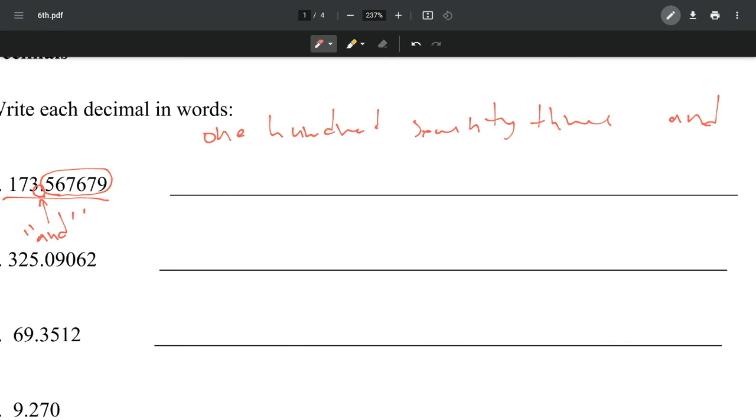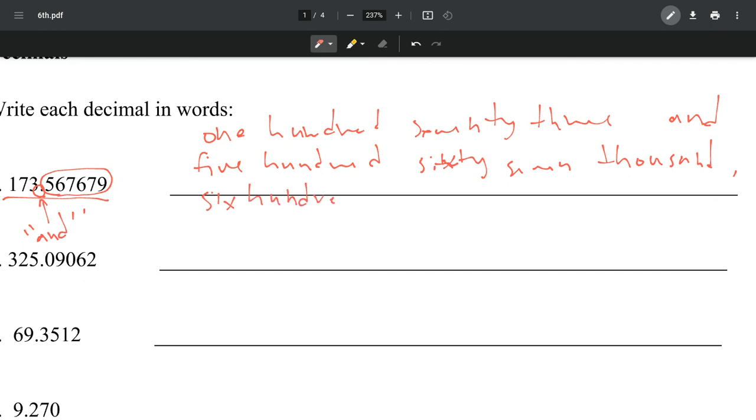So that is 67,679. Okay, and then the last step would be to write the place value of the last digit, which is the millionths.